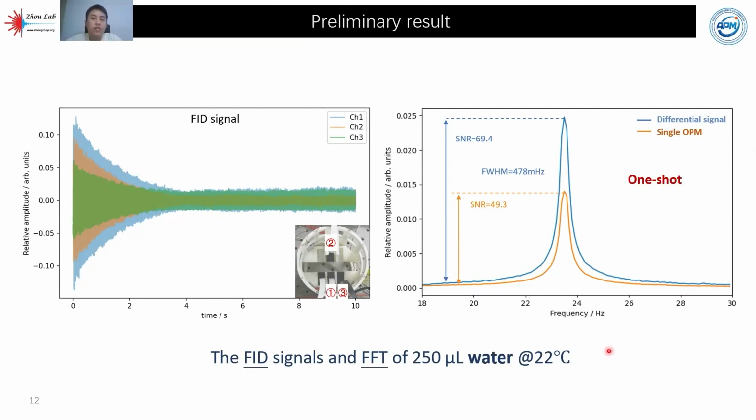It achieves a signal to noise ratio of 49.3 for a single channel, and 69 after differentiation, as well as a linewidth of 478 megahertz.